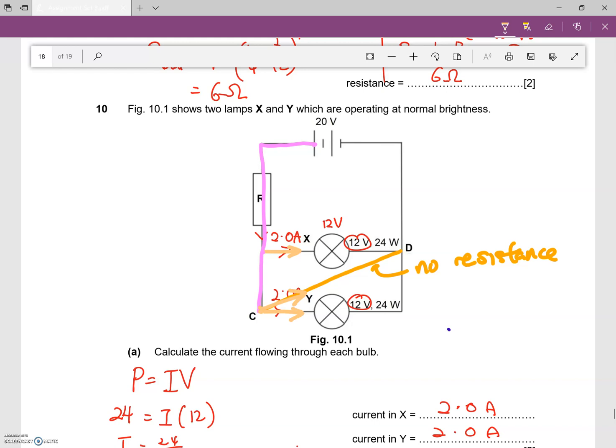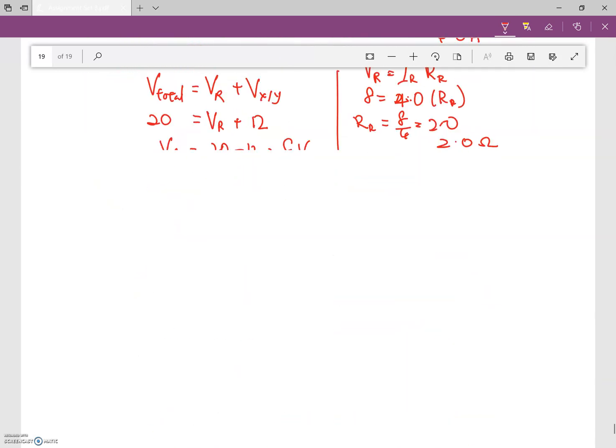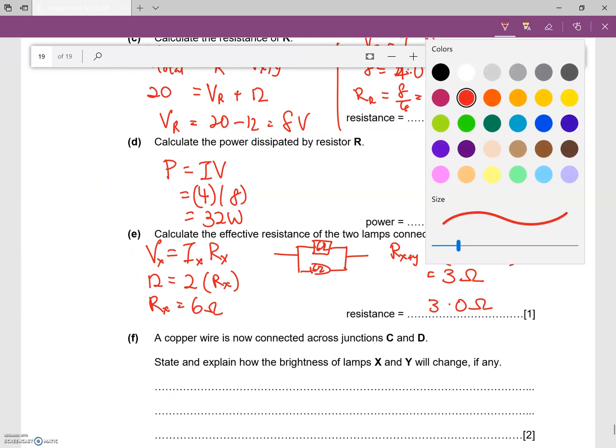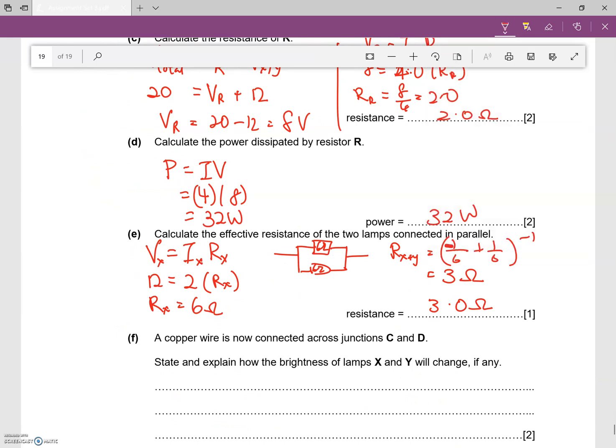Maybe if I were to redraw this for you, it looks something like this, with the light bulbs like that. So you realize this wire here is going to cause what we call a short circuit. So based on the drawing, we know that it will cause a short circuit.